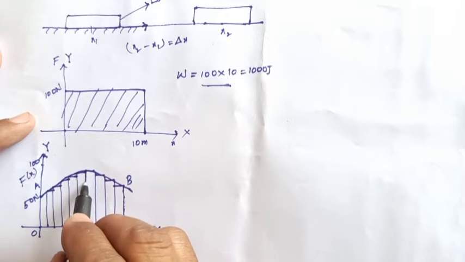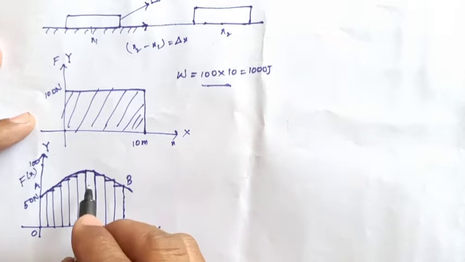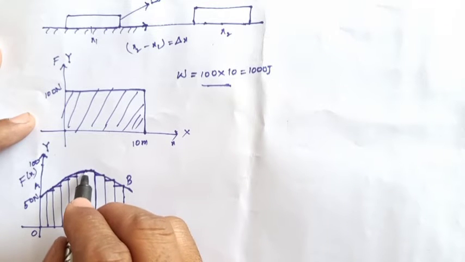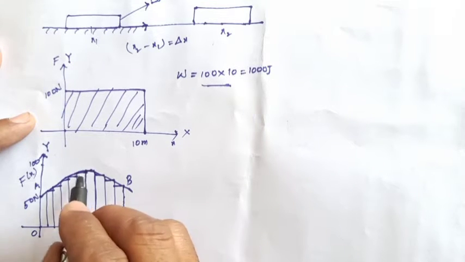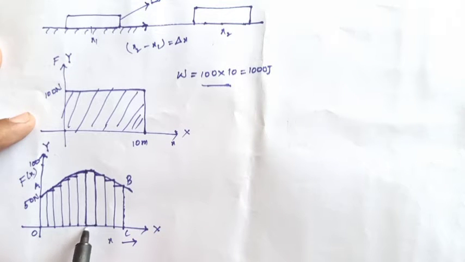For example, take this rectangle: its height is F and its small width is delta x.